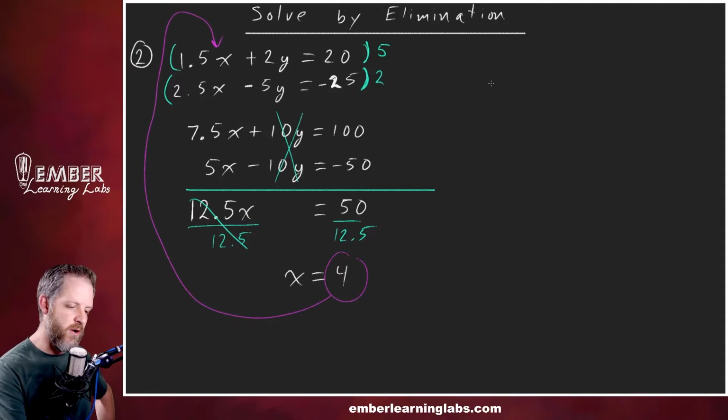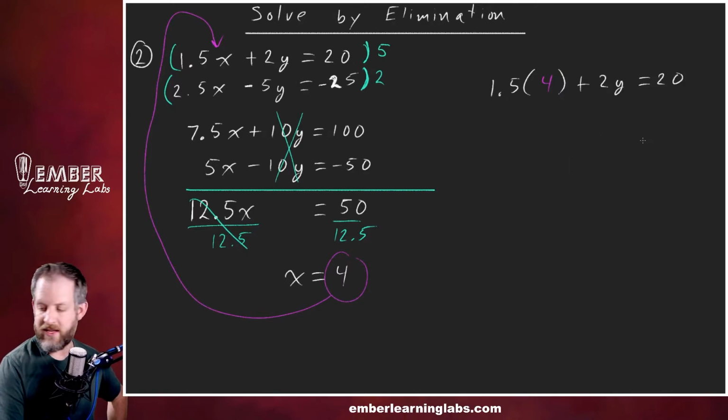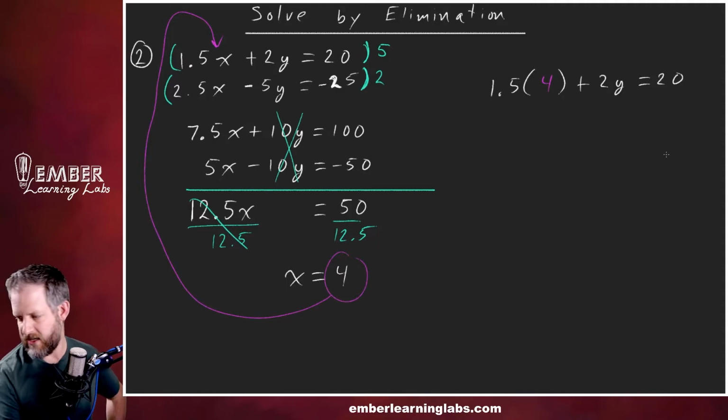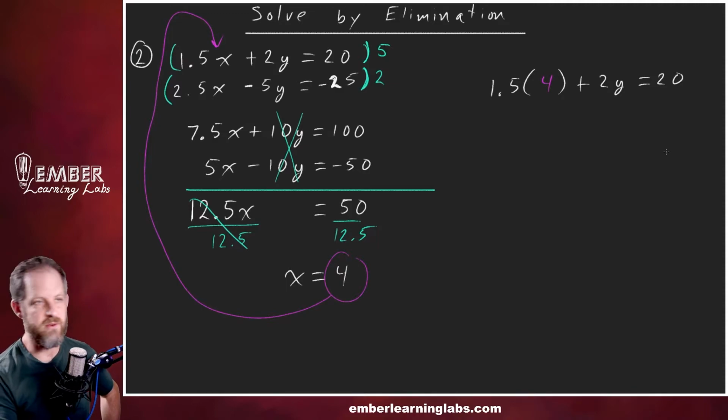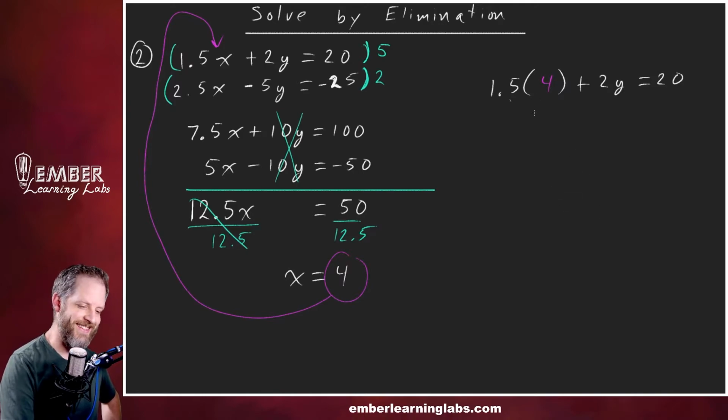Okay. So we're going to do 1.5 times, I'm going to plug that 4 in for x, plus 2y equals 20. So we're going to simplify this on down. 1.5 times 4 is 6. So it's 6 plus 2y.